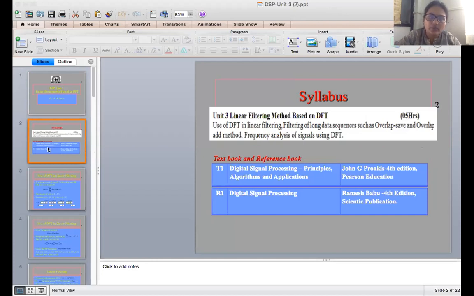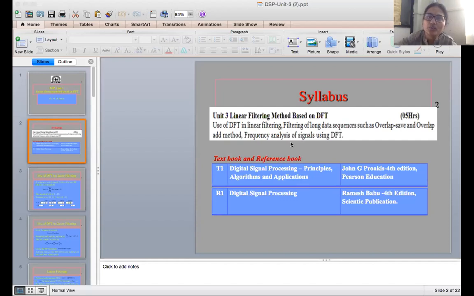So write down: linear filtering methods based on DFT. Number of hours required are 5 hours. First point, use of DFT in linear filtering, comma, filtering of long data sequences such as overlap save and overlap add method.